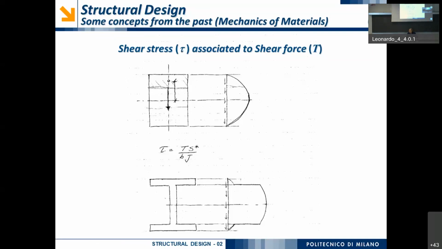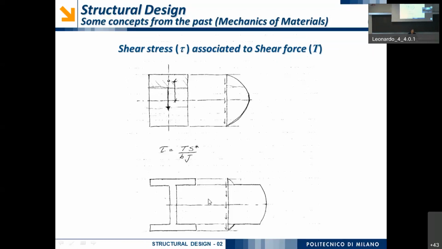And so the consequence of this is that, of course, we have a decrease in the value of S star. And so, for a rectangular cross-section in which T is constant, B is constant, and also I is constant, the variation of the shear stress is given just by the variation of S star. And I have a parabolic law of variation.